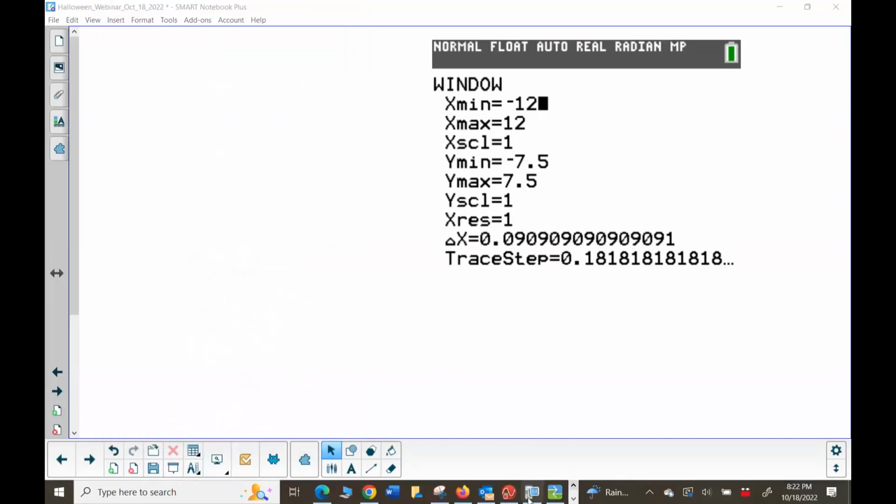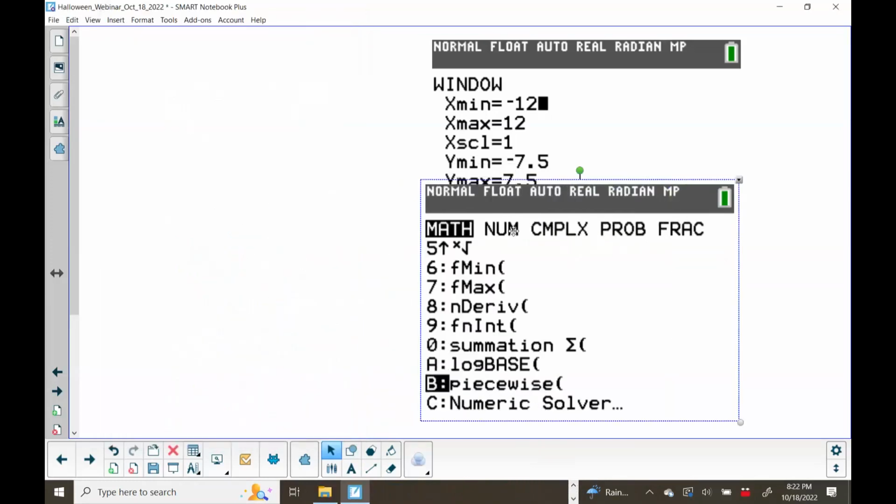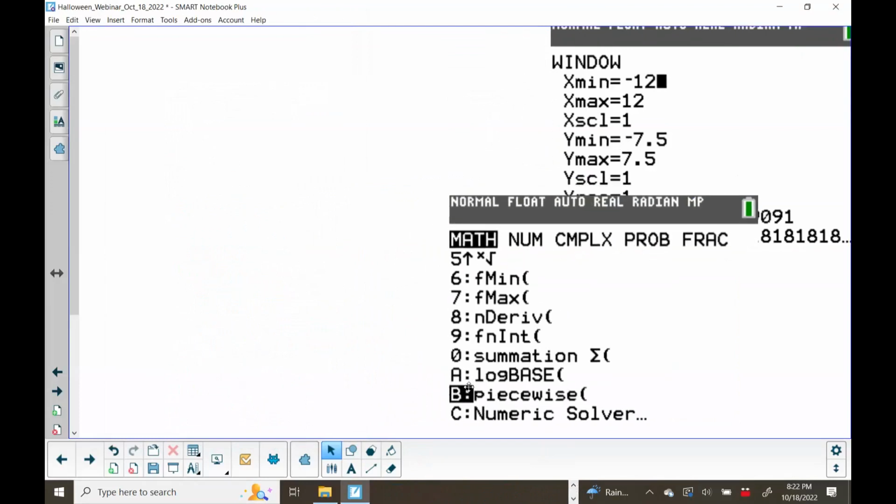Someone also asked about where did I get the piecewise function from? Again, if I go to Y equals, that's under Math. And it's second from the bottom, so I'm going to press the up arrow twice. So there it is under Math. That's where the piecewise function is, okay?